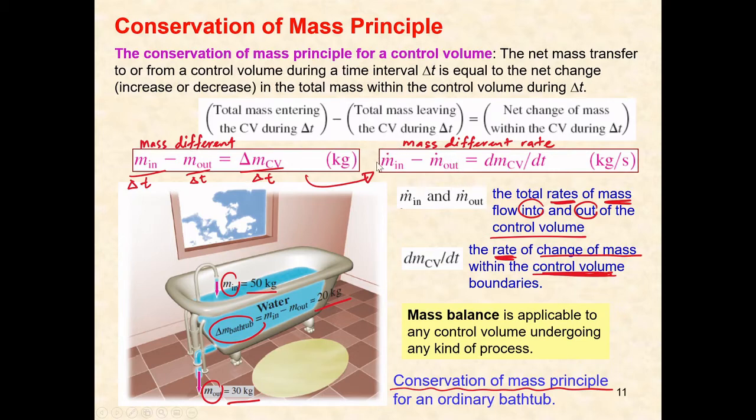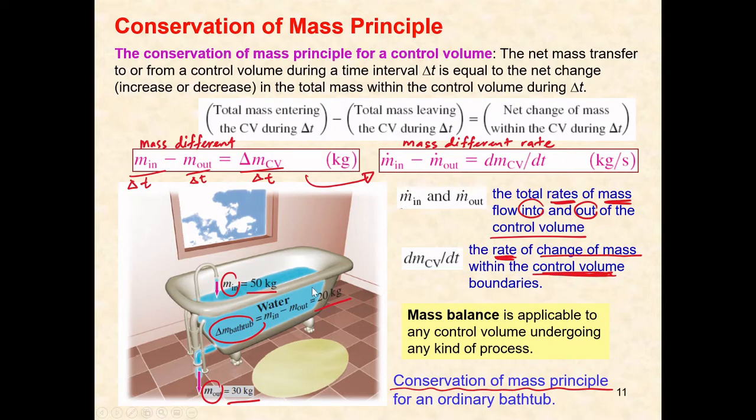Incoming mass flow rate minus the outgoing mass flow rate gives you the change of mass within the control volume with time. So m dot in and m dot out are the total rate of mass flow into or out of the control volume, and dm_cv/dt is the rate of change of mass within the control volume boundaries.